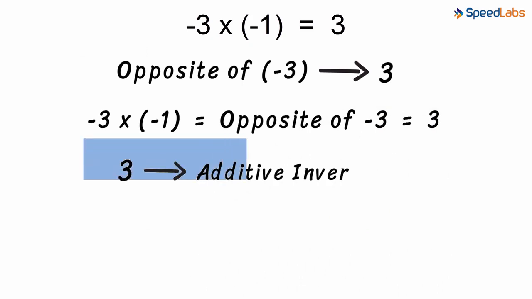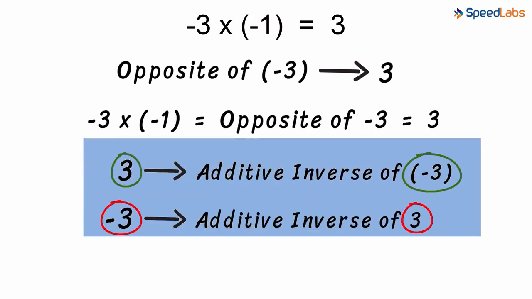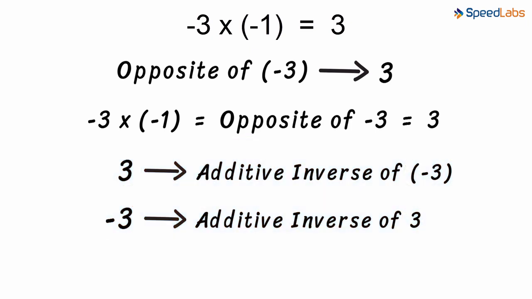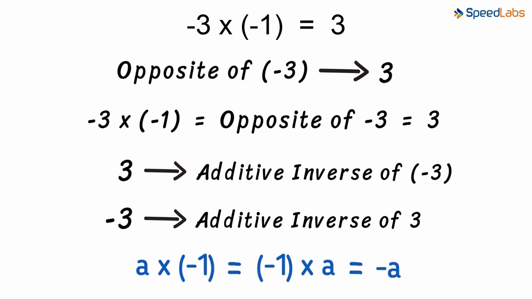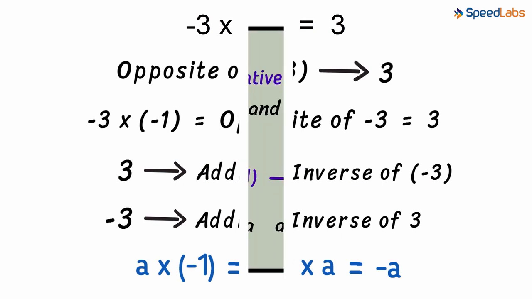In our earlier discussions, we have seen that these corresponding opposite integers are called additive inverses of each other. Therefore, we get the additive inverse of an integer when we multiply it with -1. So next time, when you have to perform the multiplication of integers, keep a note of these points.